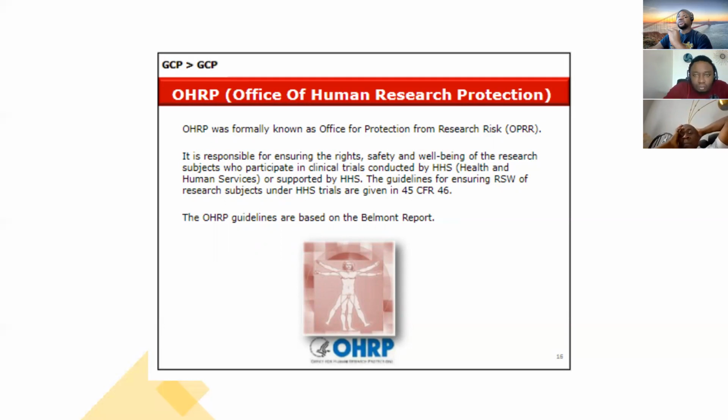The guidelines ensuring the risk, safety, and well-being of participants under Health and Human Services trials are given in 45 CFR Part 46. This is another code that's used, typically by the Office of Human Research Protection.